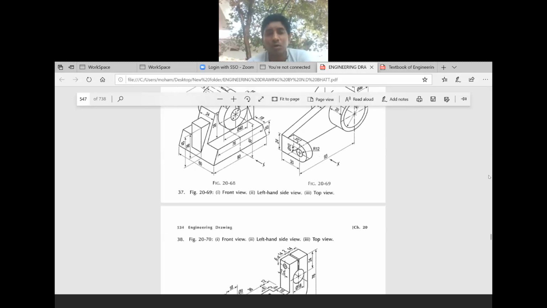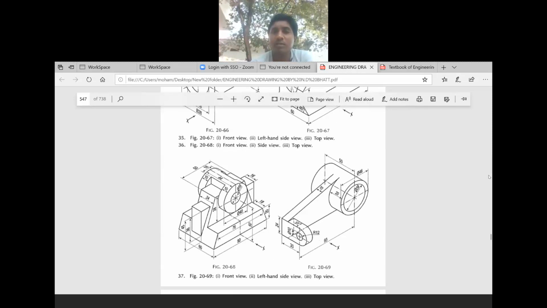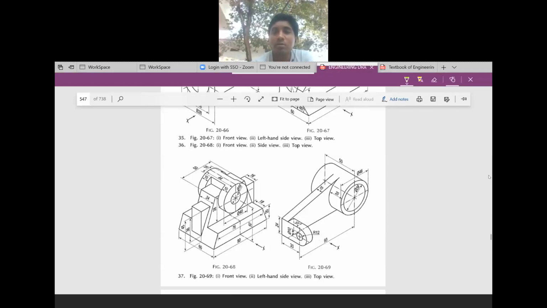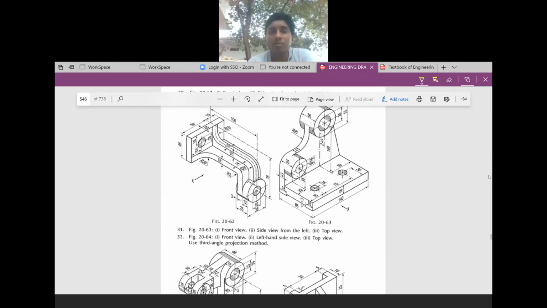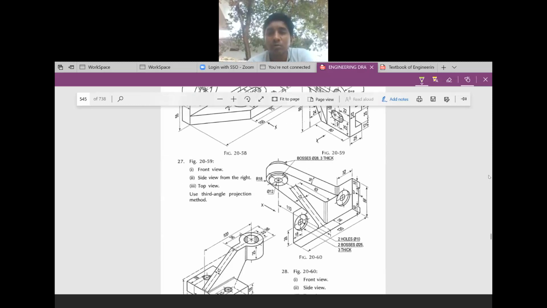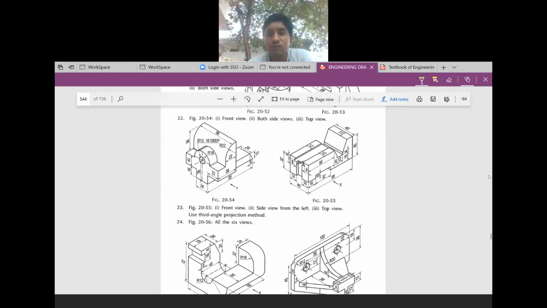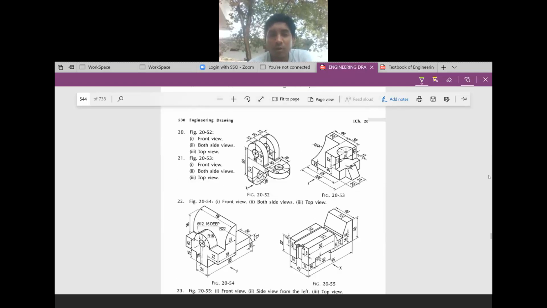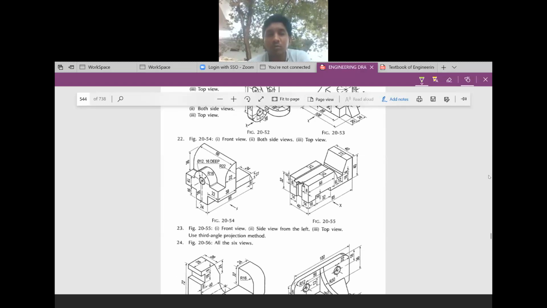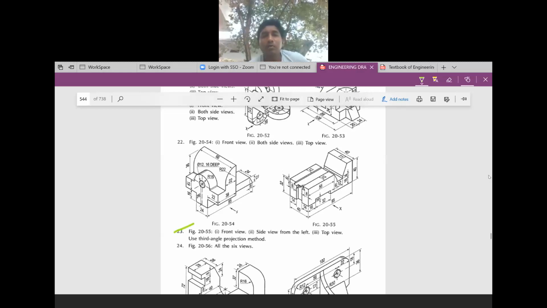No need to draw these bigger problems like this. This problem is not necessary. You can draw up to problem number 23.